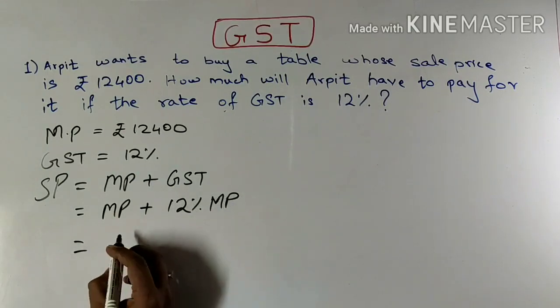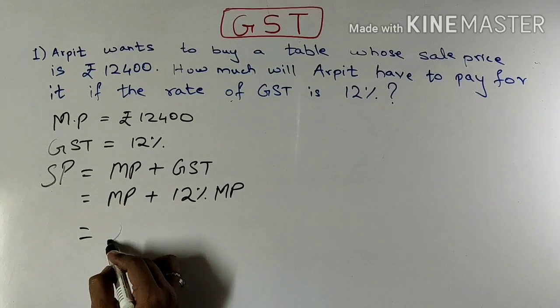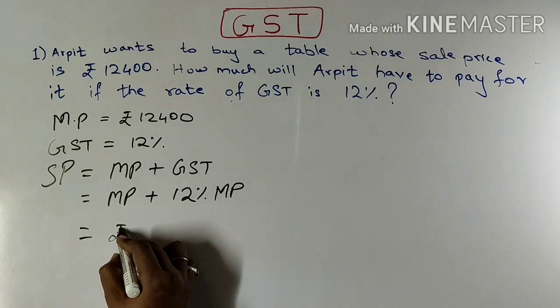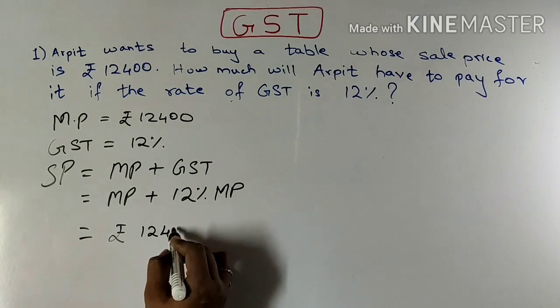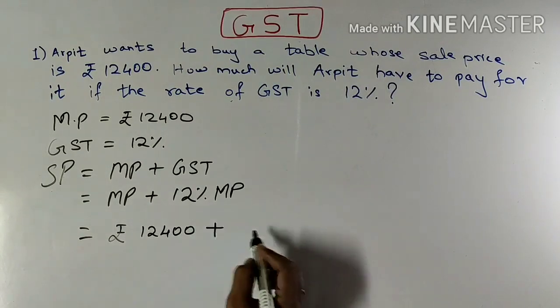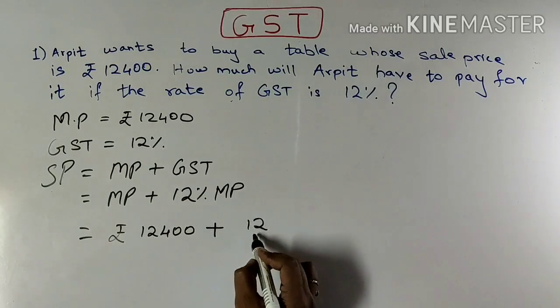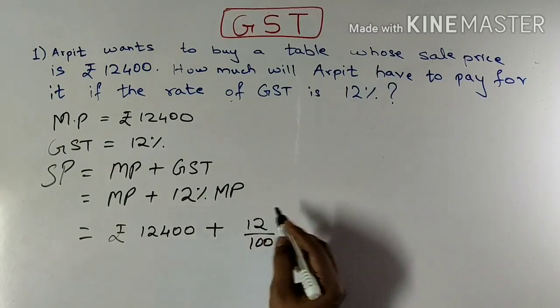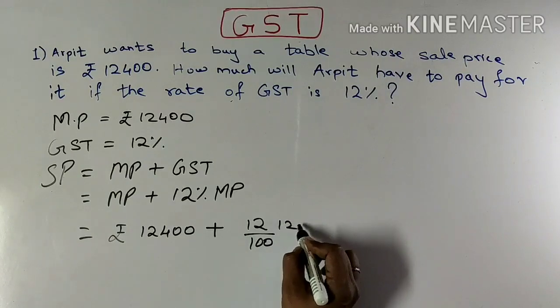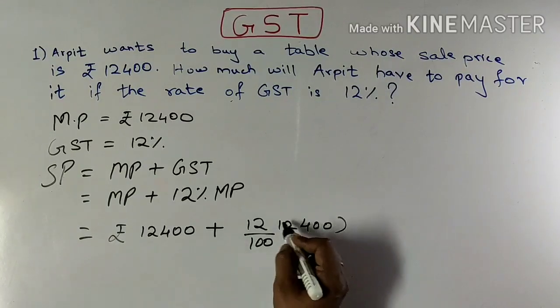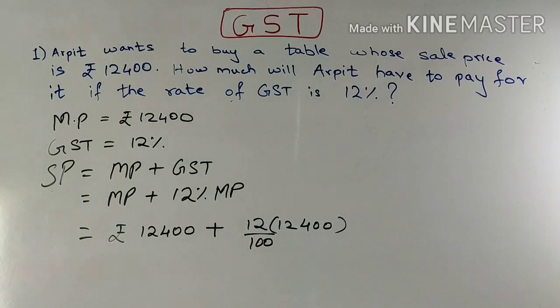If I substitute the values, 12,400 plus 12% of marked price, which will be 12 by 100 into 12,400.